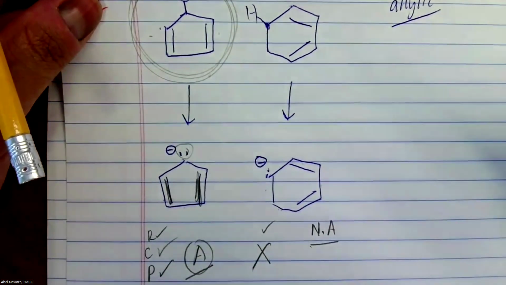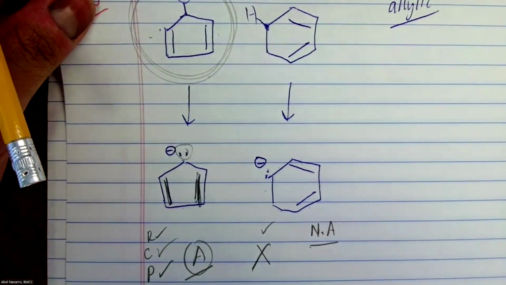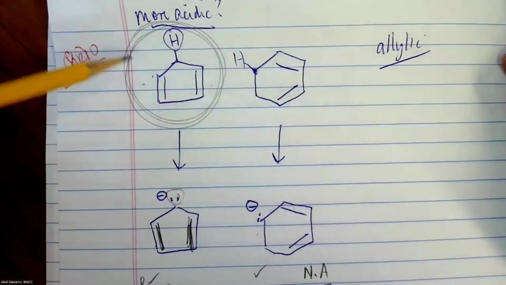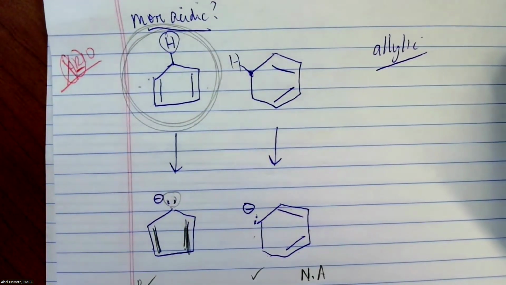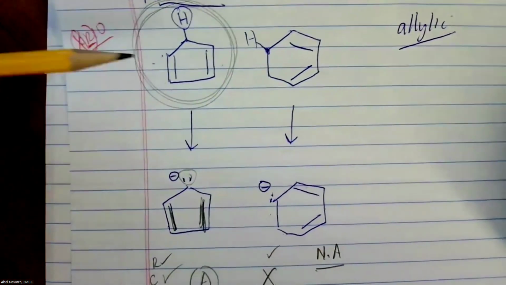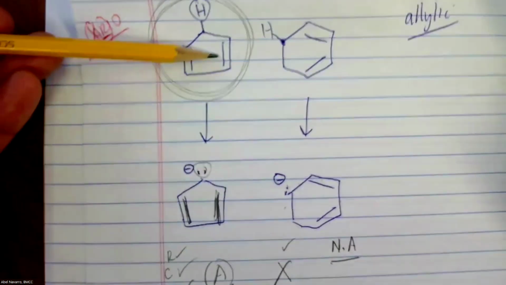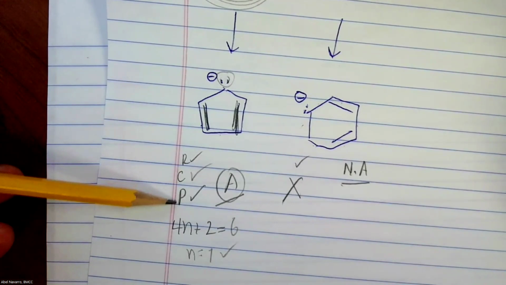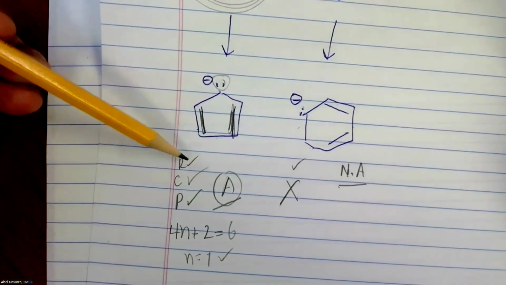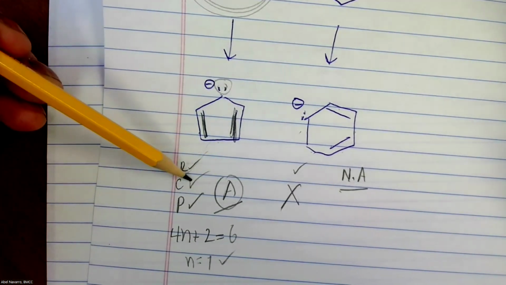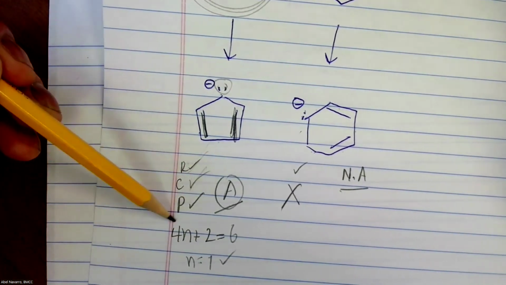By the way, anytime that you are asked that question, you should not just say, oh, because it's aromatic. That's not the answer. Whenever you are asked which of those two is aromatic, you have to say that the conjugate base that is produced from that acid satisfies the rules of aromaticity. And you have to show me how it is arranged: the checks, the procedure, ring, conjugation, planar, and Huckel.